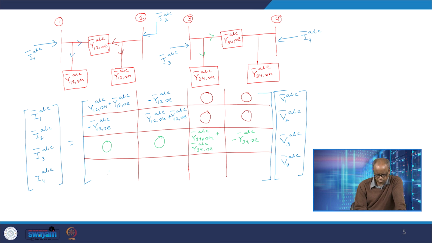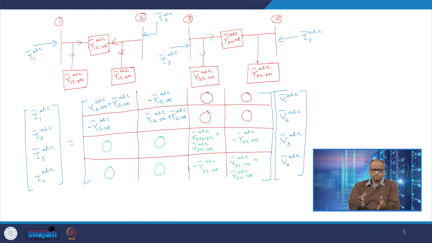For bus 4 also it would be 0 and 0, because bus 4 is not connected to bus 1 and 2, and it would be minus y34 series ABC, and y34 shunt ABC plus y34 series.